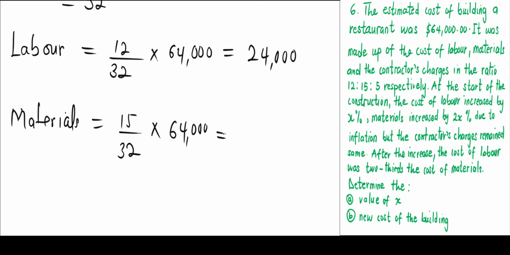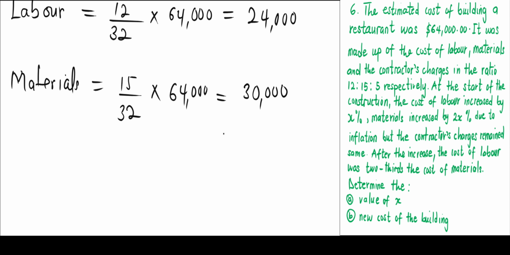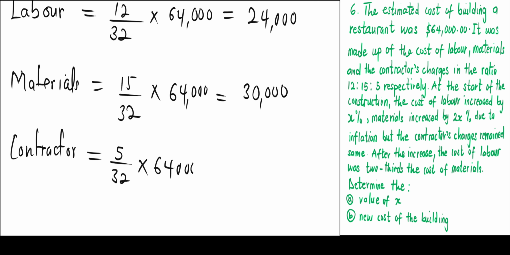Here the result is 30,000. The same thing will be done to the contractors' charges. Contractors' part is 5 out of the 32 times the same amount, and this will give us a result of, so 5 divided by 32.